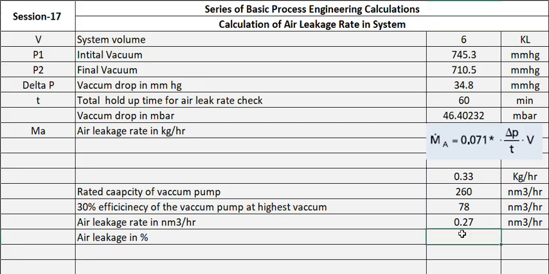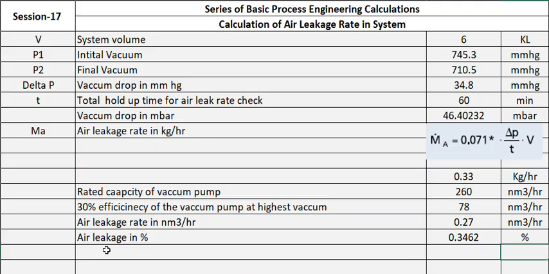So for air leakage in percent, we simply divide that by 78 and multiply by 100, as we are going to calculate this in percentage. Hope you got the idea about how to calculate the air leakage rate in terms of vacuum drop throughout the system.